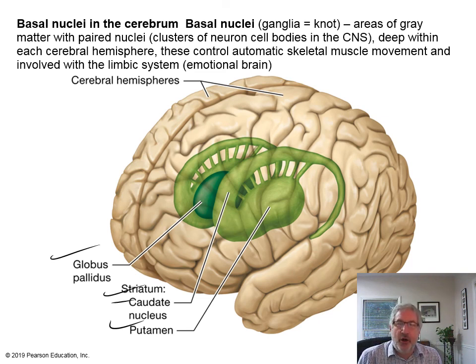I just want you to know that not all of the processing takes place in the gray matter and the cortex. There are also deep nuclei within the brain that also do more processing as well. So you have cortex, white matter, some nuclei deep, and then you have the diencephalon, the brain stem coming down, and the cerebellum in back. So you have these different regions doing different things in your brain.